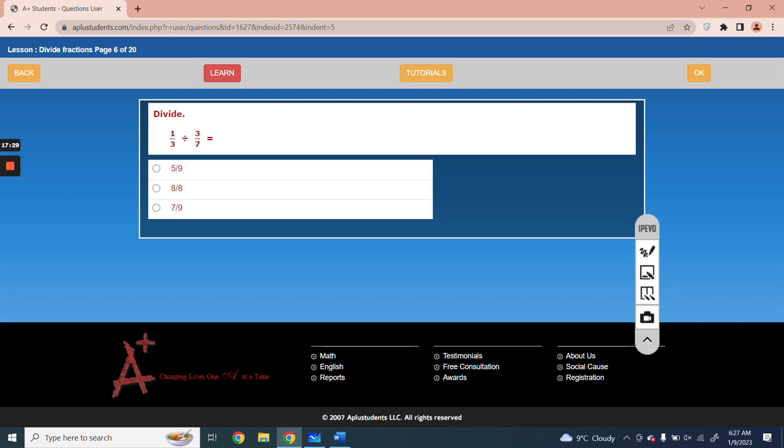So which option is the correct one? Yes, it is 7 over 9. Got it? Option number 3 is the correct option. Just select the correct option and click on the OK button.